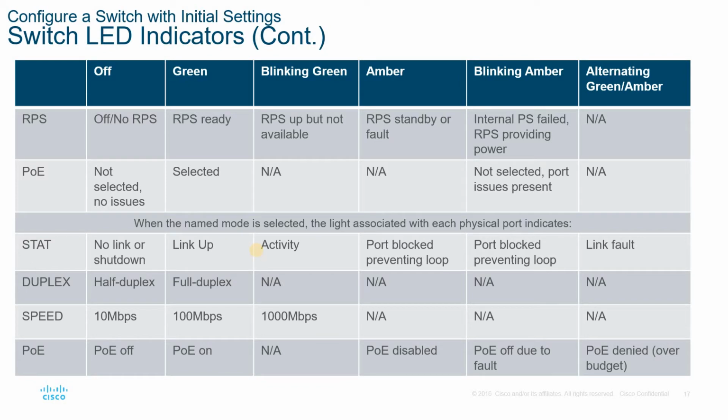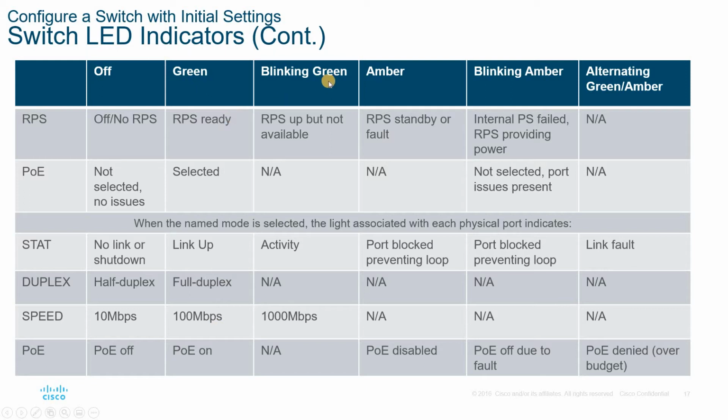So ito sila. Sinasabi ko kanina, steady green, blinking green, amber, blinking amber, and then you have your alternating green and amber. Most of the time, a fully functional, yung gumaganang switch, is steady green. So you will see steady green right there, ibig sabihin okay siya.